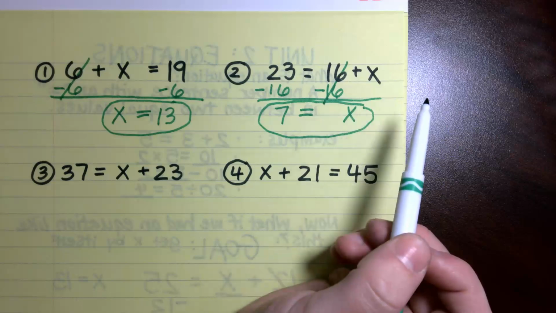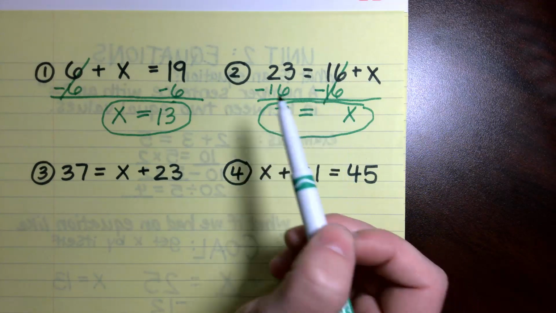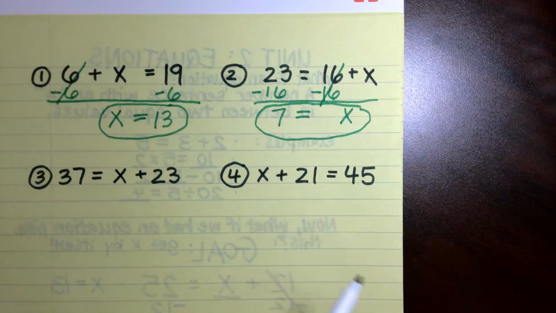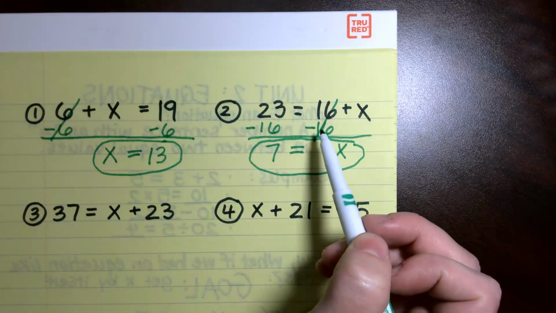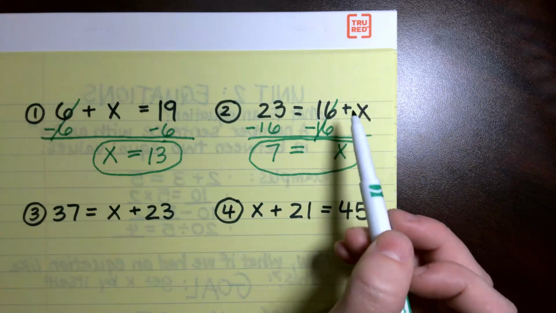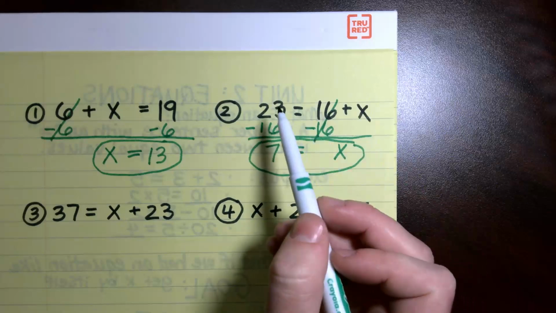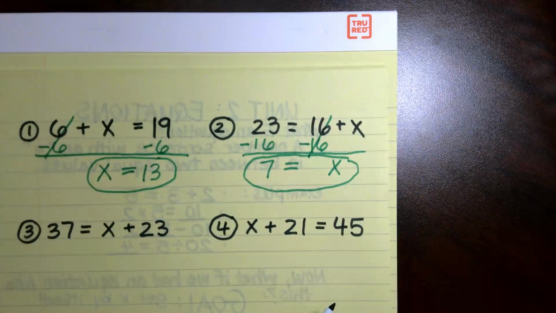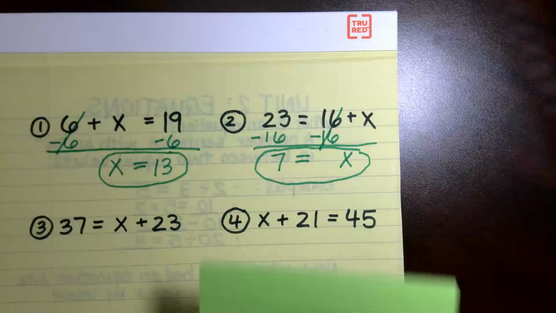So why did we do 16 instead of 23? Ooh, that's a great question. So the reason that we subtracted 16 instead is because our goal is to get x by itself. We want to get something that says x equals a number. So if I subtracted 23, let me get a separate sheet so I can show you what would happen here.